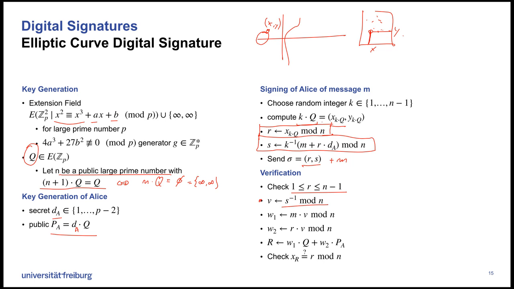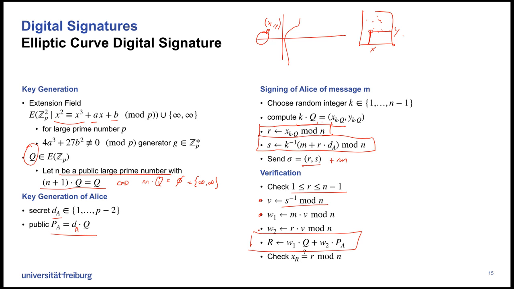We compute the inverse of s modulo n, and that's why we would like to have this as a large prime number. Then we compute W1, which is this times the inverse of s, and W2, which is this one, and then for the first time we actually use the elliptic curves and compute a point R, where we have W1 times Q plus W2 times P_A.